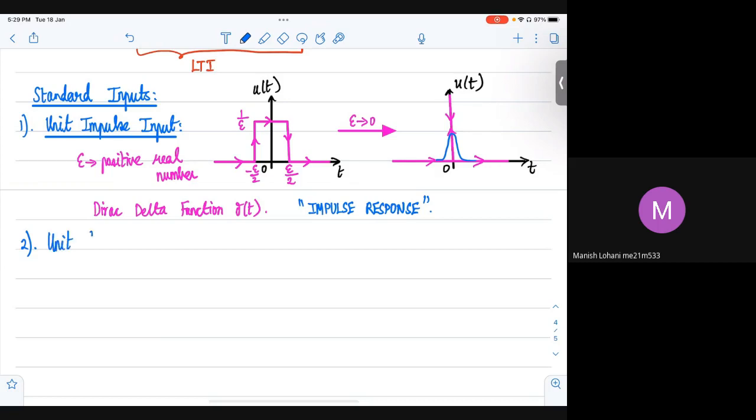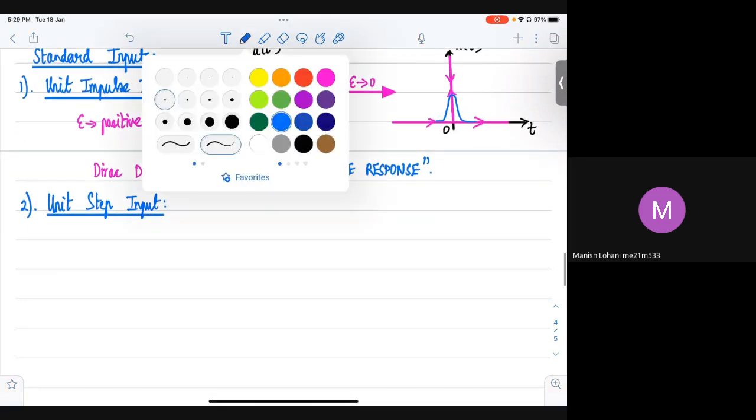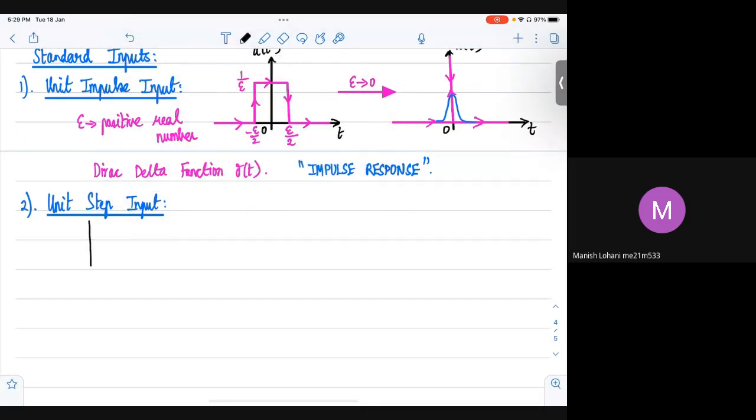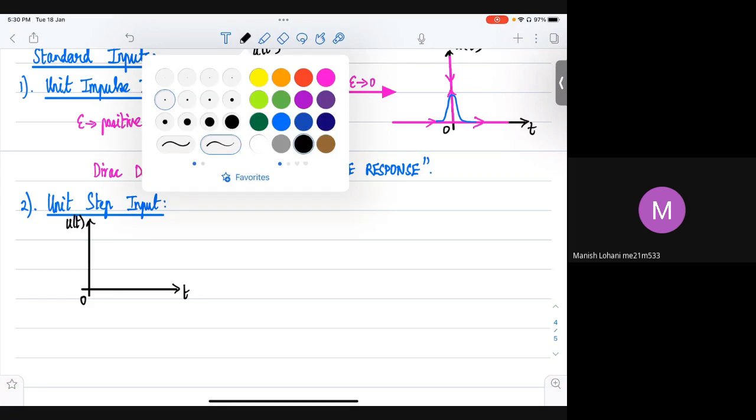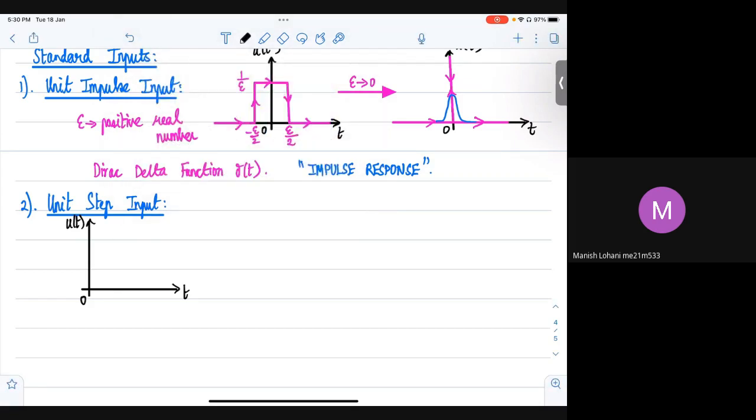Then the second input which is useful in system characterization is what is called a unit step input. So what is this unit step input? As we would have readily understood from the English words, if we plot u of t versus t, till time t equals 0, the input is 0. And then after time t equals 0, the input just increases, goes to 1 and stays there.